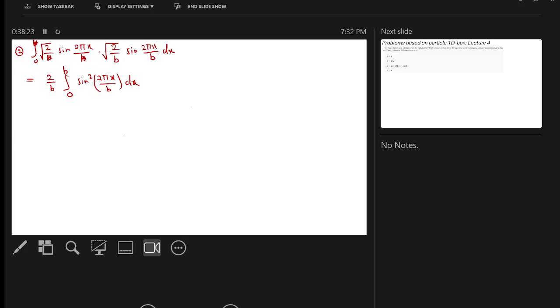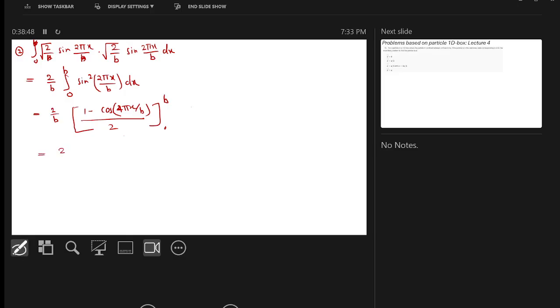Now let's try to solve this. So we have 2 by b, 1 minus cos 4 pi x by b, divided by 2, 0 to b.